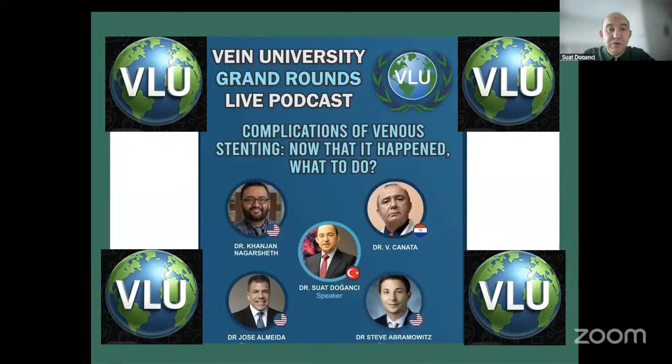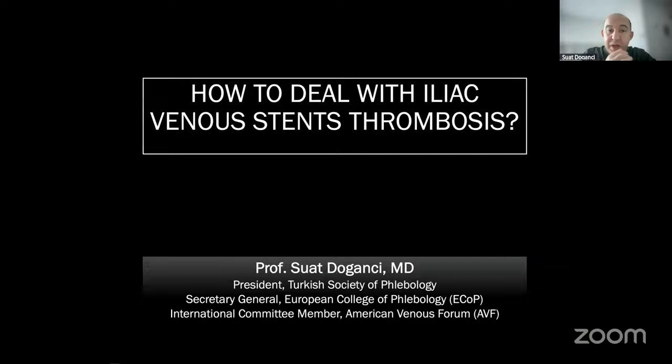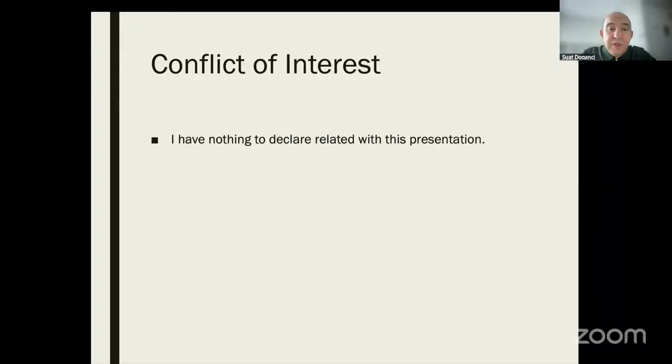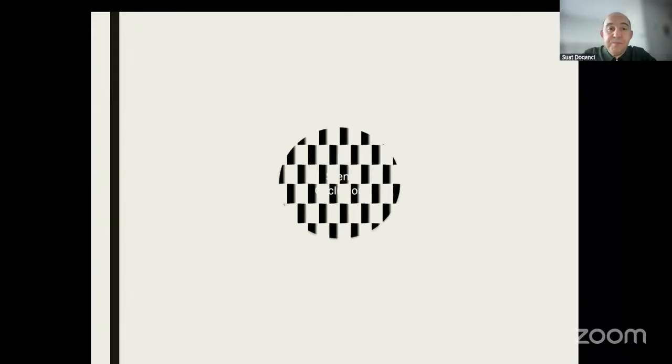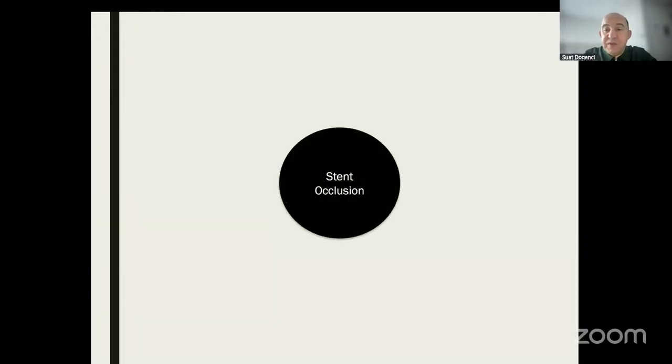It is not a long talk, but I think we will highlight some discussions afterwards. Let's start. How we deal with iliac venous stent thrombosis. Actually, I have no conflicts related to the presentation. As we know, if we have a stent occlusion, there are several reasons for this.